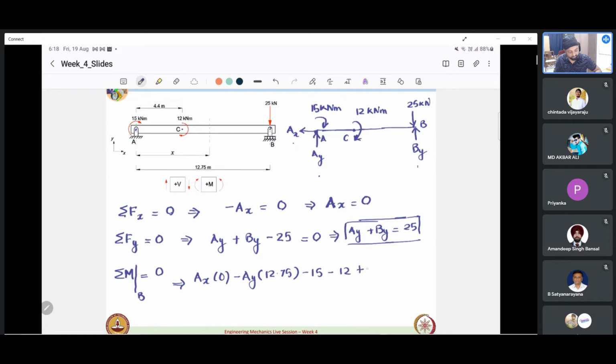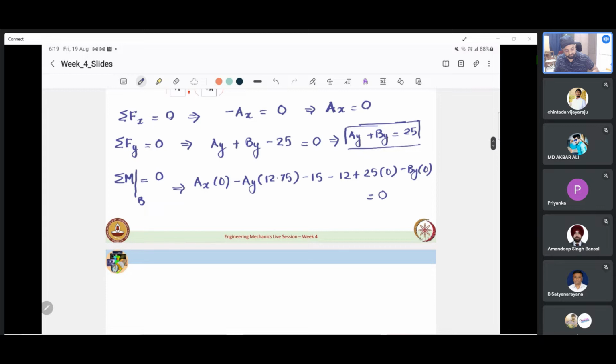So I'll just write it out like this, for the sake of understanding, so that it becomes clear for anybody who sees this later.